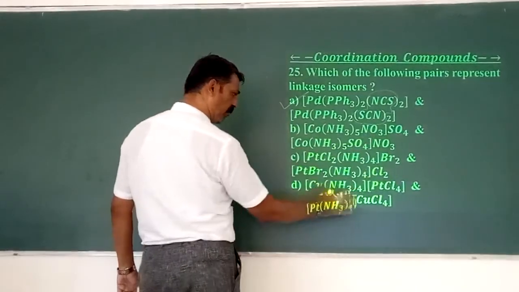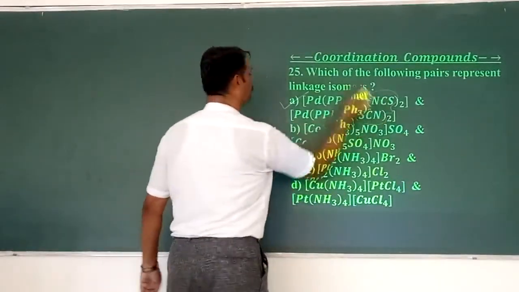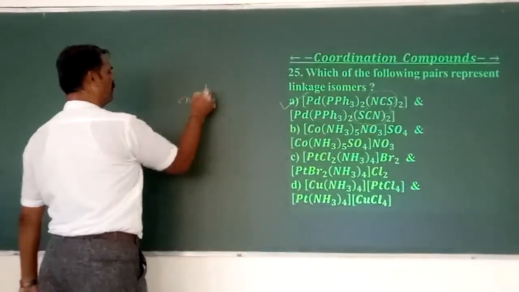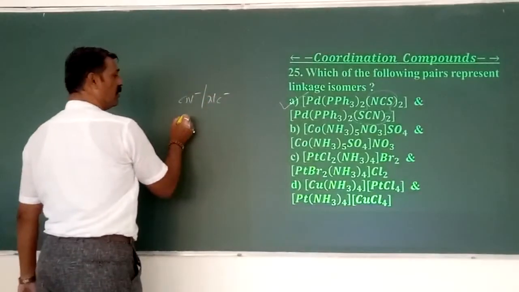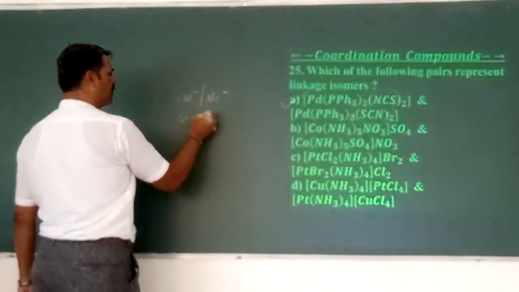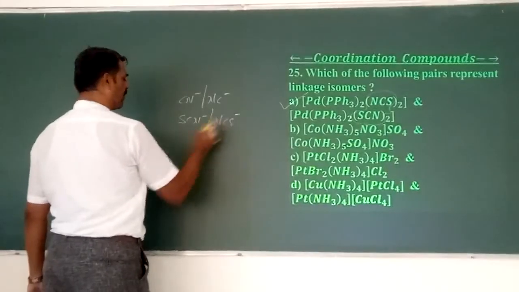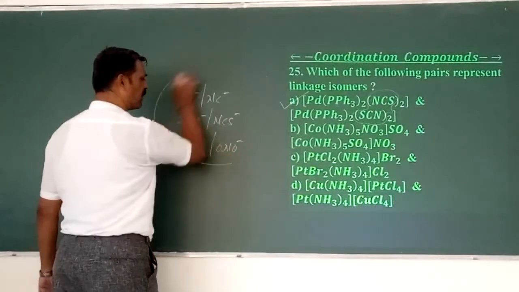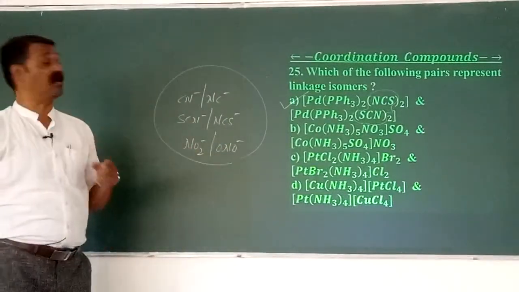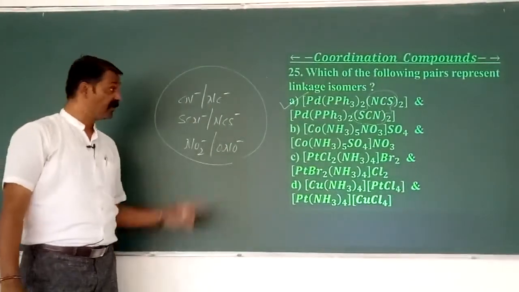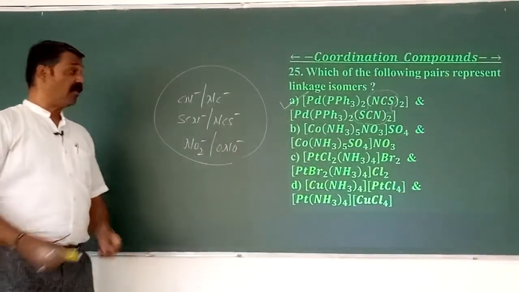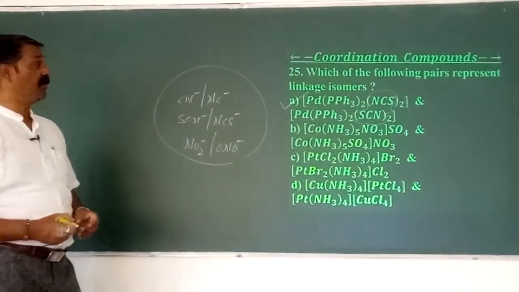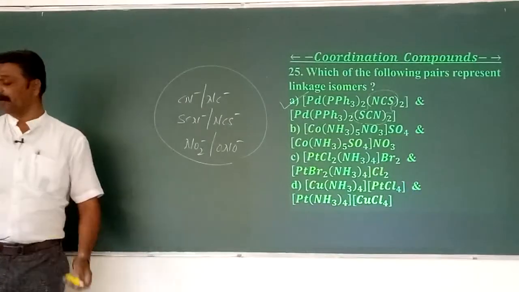PtCl2, NH3, no. Therefore, it is only cyanide, isocyanide. SCN minus and NCS minus, NO2 minus and ONO minus are the best examples of ambidentate ligands. Any ambidentate ligand can have linkage isomers. Therefore, it is 25A.